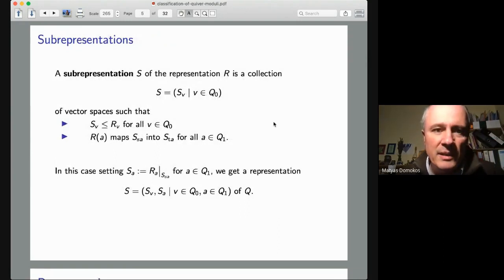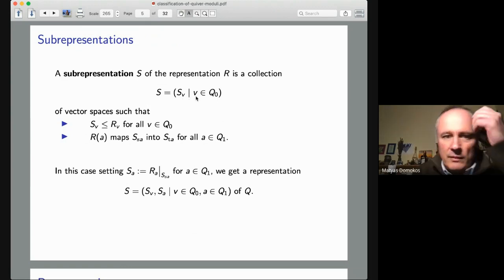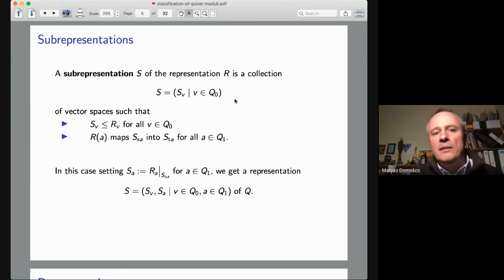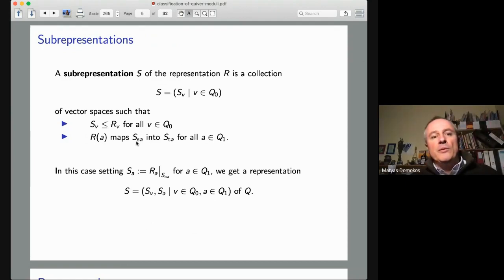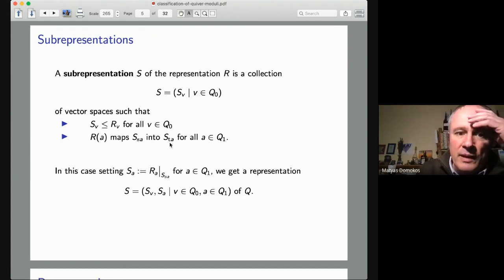By a subrepresentation S of a representation R, we mean a collection of subspaces S_V of the vector space R_V associated to the vertex V by the representation R, in such a way that the linear map R_A must map the vector space belonging to the source of A into the subspace S_{T(A)} belonging to the target of A. So this should hold for all arrows in the quiver.